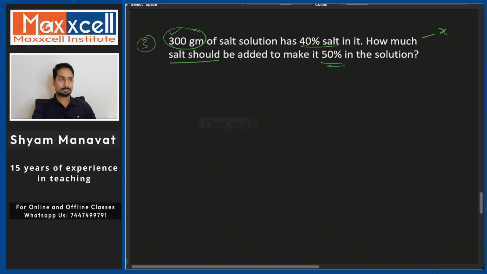Now, I can solve this question by assuming X, or I can also apply the alligation rule. Since this lecture is devoted to the alligation rule, let's focus on it and try solving this question using it. So the earlier solution is 40%, and now you're adding salt.